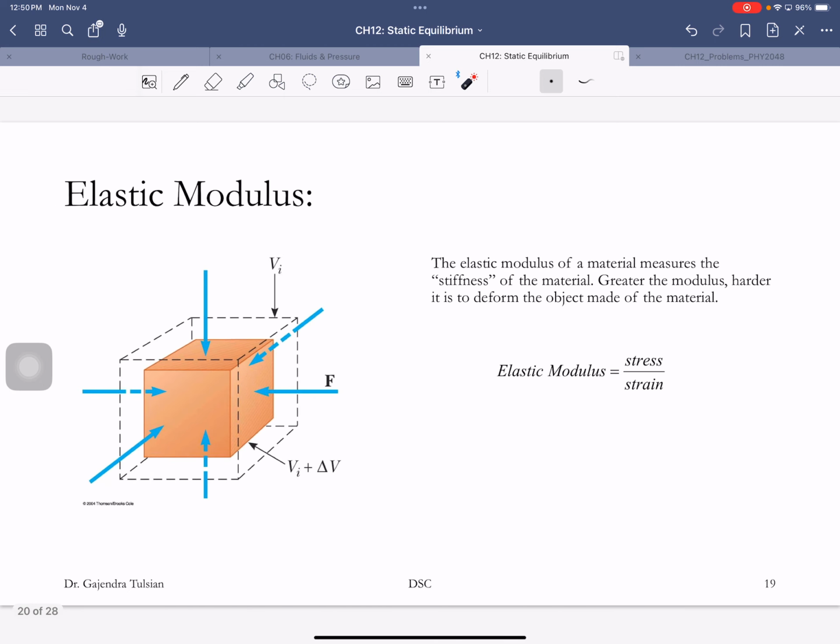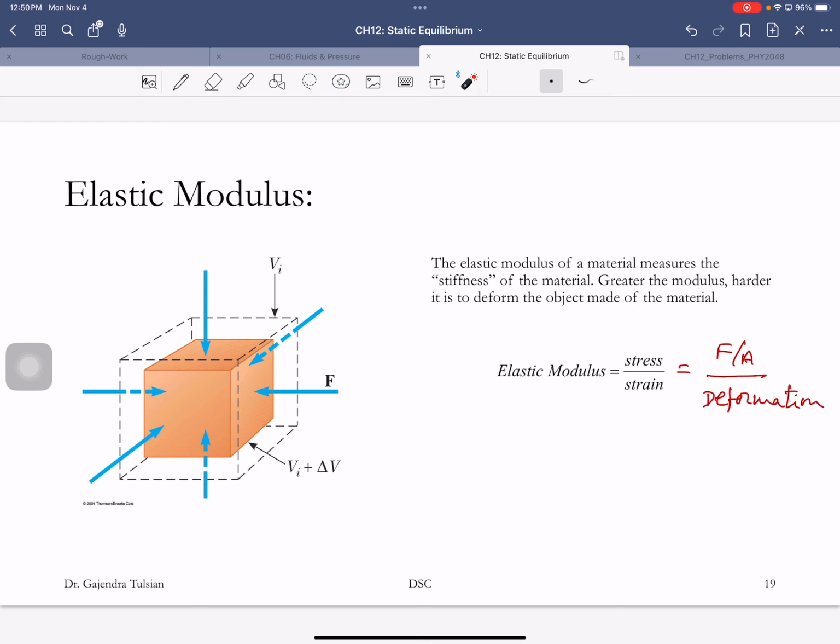And then we define elastic moduli for various materials. Elastic modulus is stress, which is the force per unit area, divided by the deformation, divided by the strain. Now here's the deal.